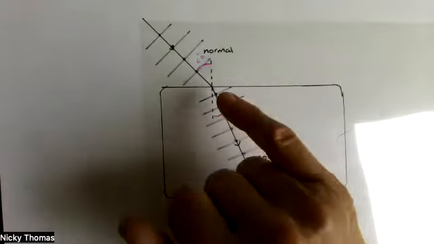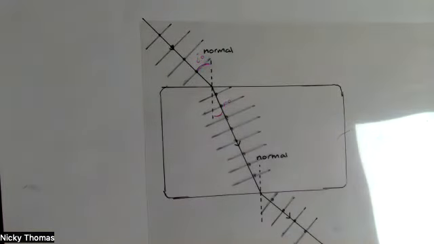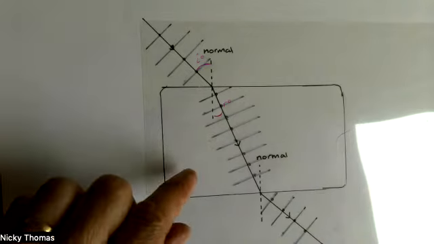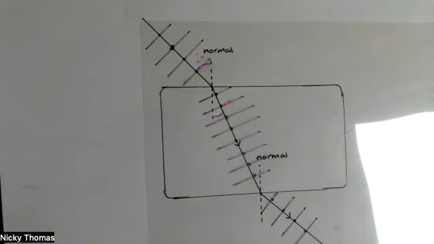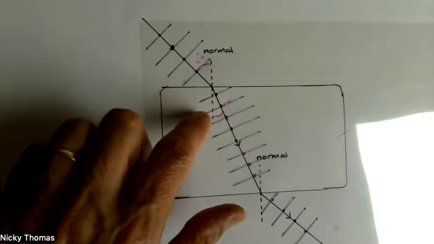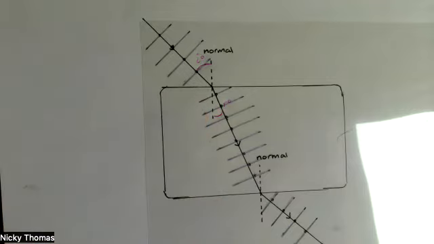When the light travels into a medium with a different refractive index, then the wavelength changes. In this case, the refractive index is greater, so the wavelength gets smaller. The frequency stays the same. So we have a smaller wavelength inside the glass compared with outside, and the speed of our light ray is slower inside the glass block.